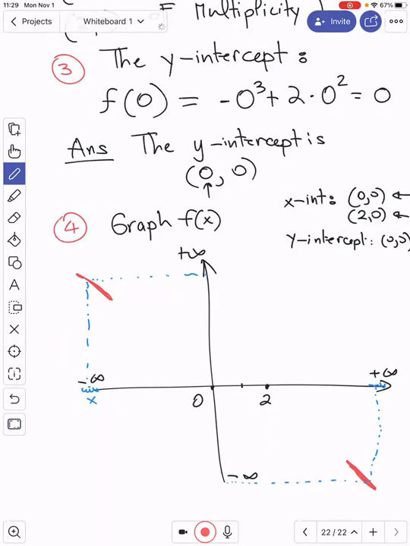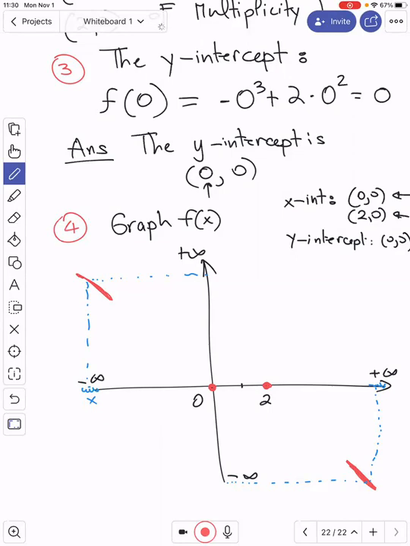Okay. All right, now let's plot the x-intercepts. First x-intercept is 0, 0. The second x-intercept is 2, 0. And then you're supposed to plot the y-intercept, but the y-intercept is just the same as the first x-intercept, 0, 0. Okay, so that's all we have, right?